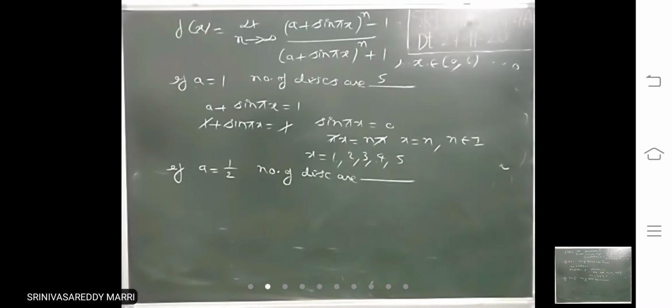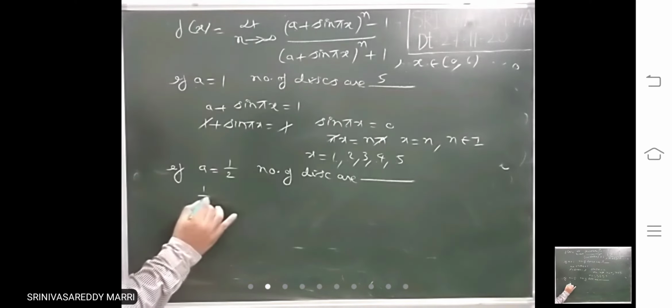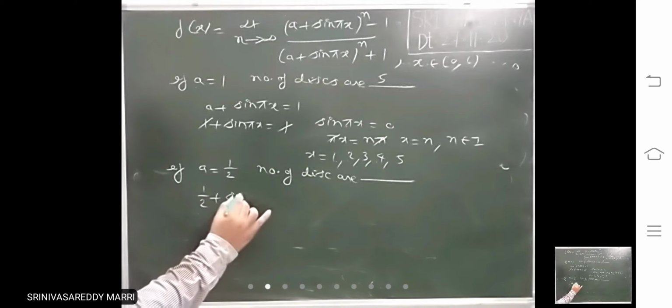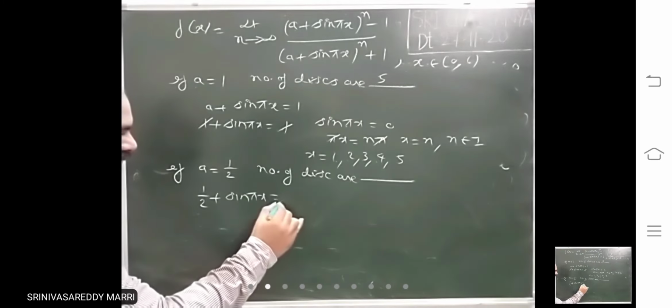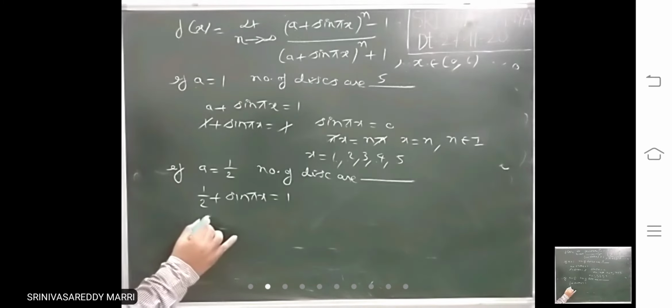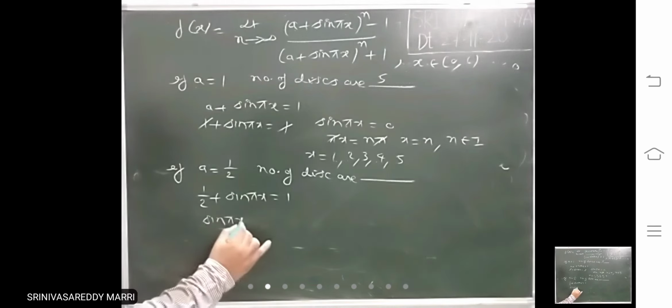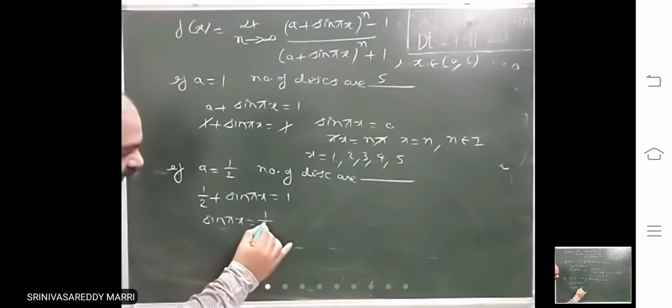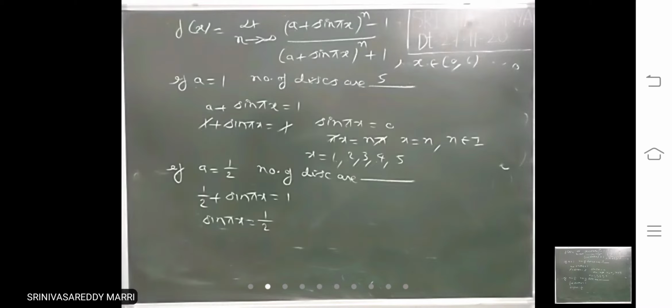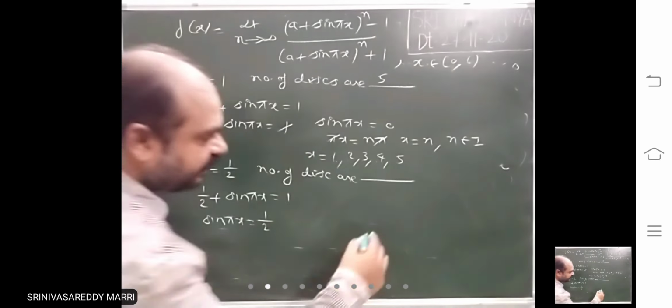A equal to 1 by 2, substitute: 1 by 2 plus sine pi x equal to 1. That means sine pi x is nothing but 1 by 2.